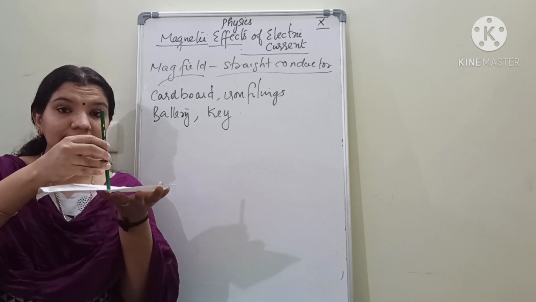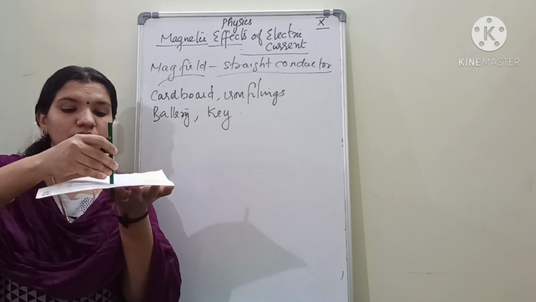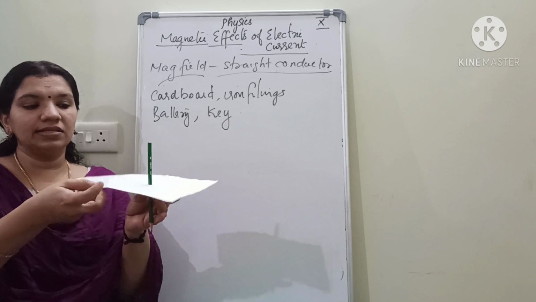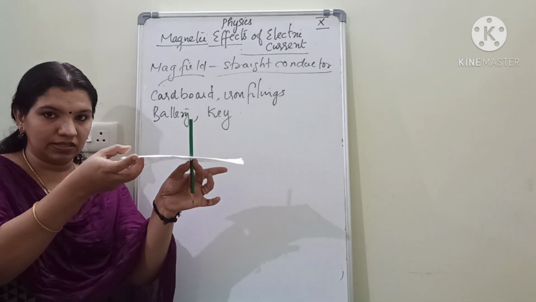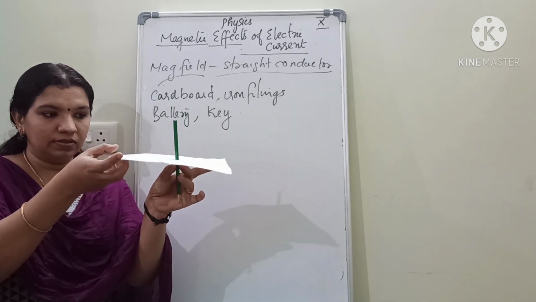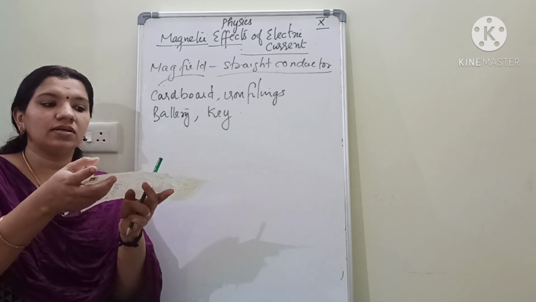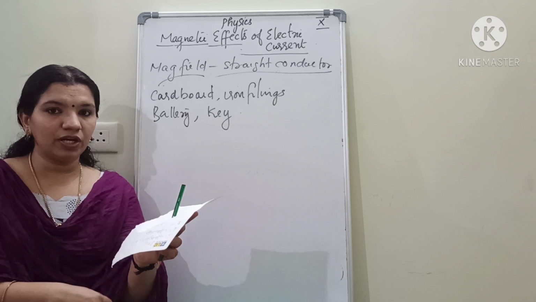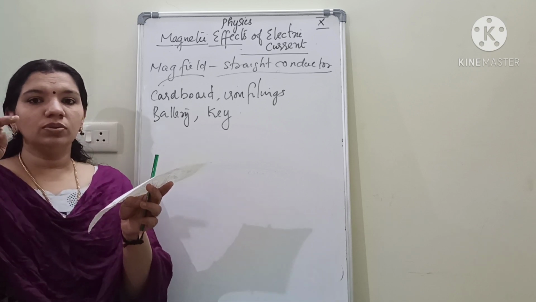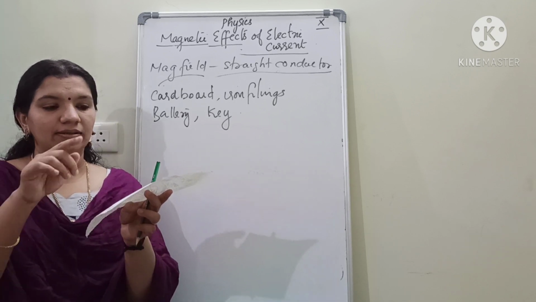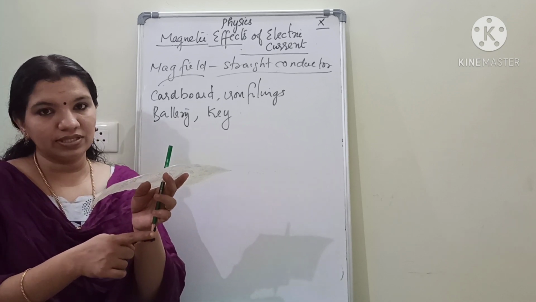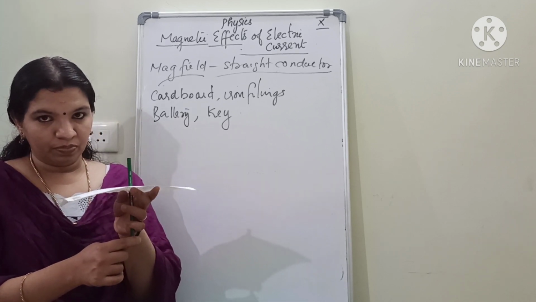You will insert the conductor through its center and you will place like this. Clear? Then you will connect the end to a battery. One end, the figure is given in your textbook, one end to one terminal of the battery and the next terminal connected to the key, and then the circuit is completed at this end.